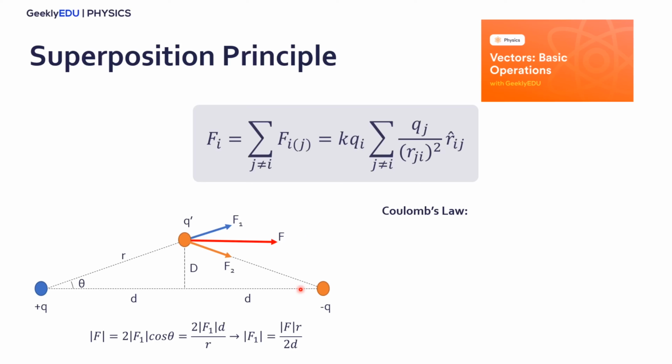Let's apply Coulomb's law now to F1, the force of the blue particle acting on our particle. The modulus of this force is the constant K times the charges of both particles divided by the distance squared.